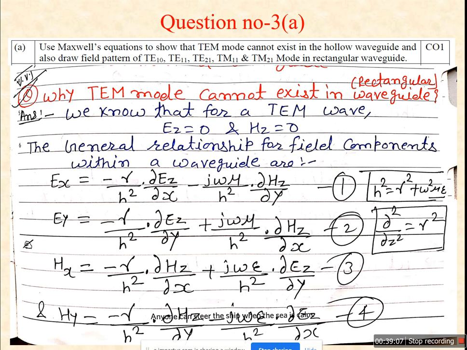When you solve this, TEM mode means transverse electric and magnetic. Let's suppose the wave is propagating in the Z direction, then Ez and Hz both are 0. Here the general relationships for the field components within a waveguide are Ex equals something upon h square times del Ez upon del x, and similarly Ey.